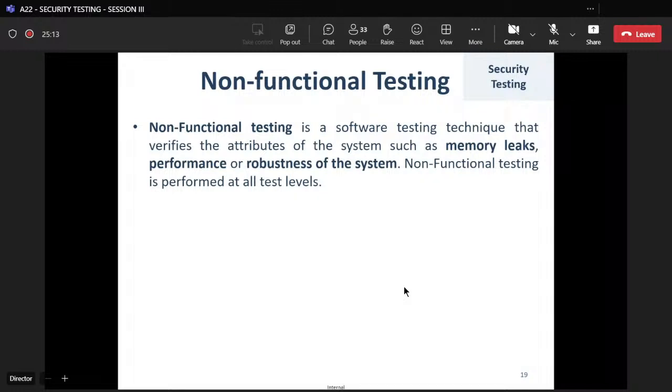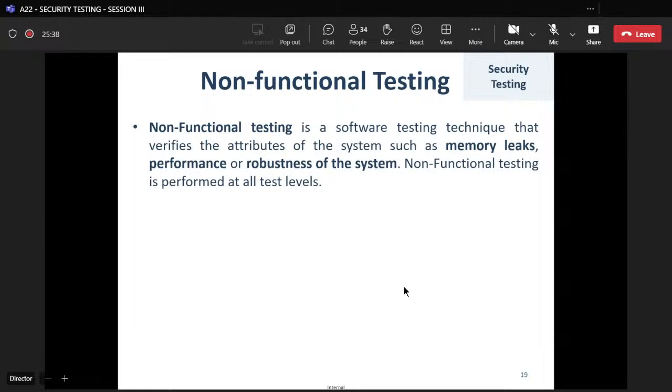So after completing the functional testing, they'll also be performing non-functional testing, because various attributes cannot be tested in functional testing. For example, memory leaks and the performance of the system, because sometimes a module may work fine in unit testing, and you may even get success in integration testing.